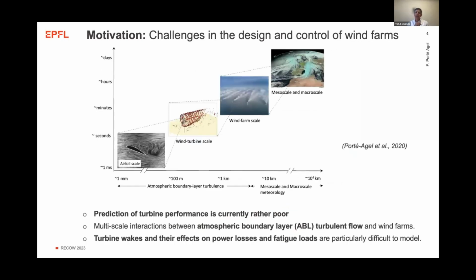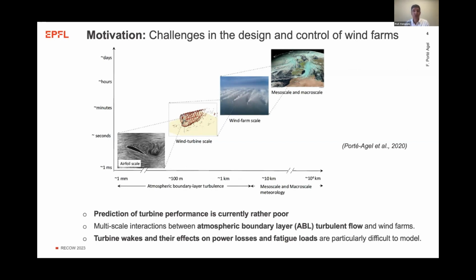One of the main challenges in the design and also the control of wind farms is the prediction of their performance. This should not be too surprising if we consider that these machines are installed in the atmospheric boundary layer, the lowest part of the atmosphere. From a fluid mechanics perspective, this is a very highly turbulent, very high Reynolds number flow, which already makes it difficult to predict.